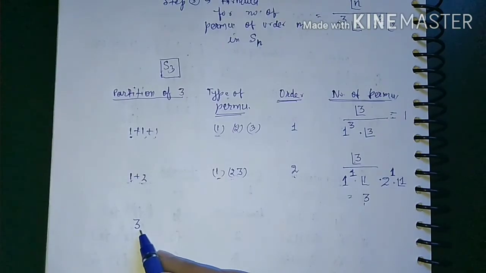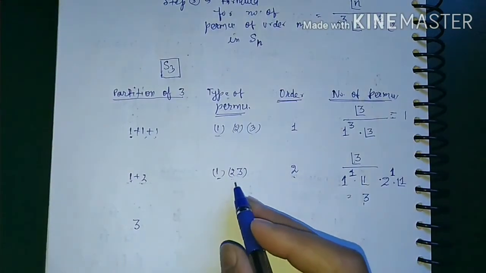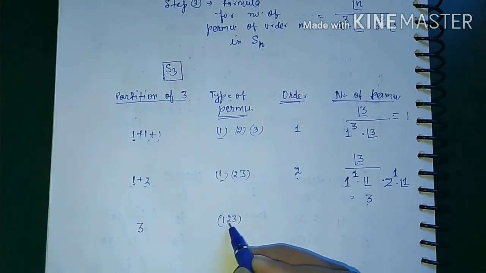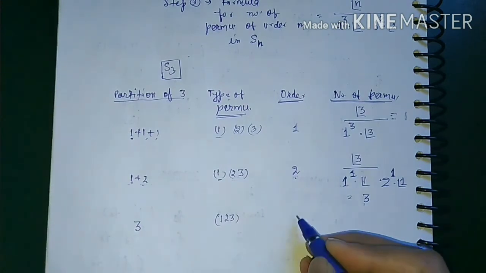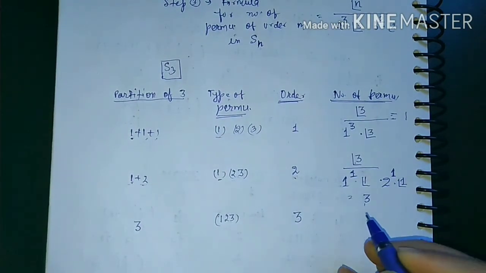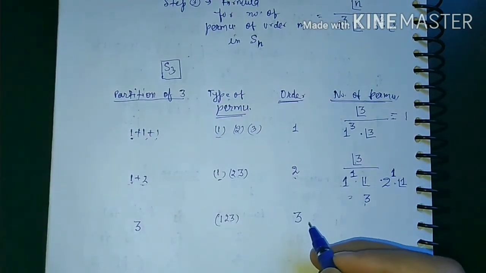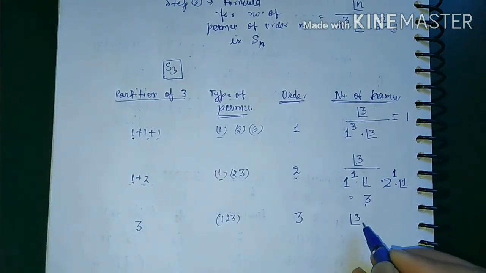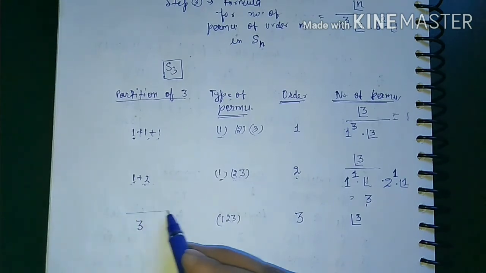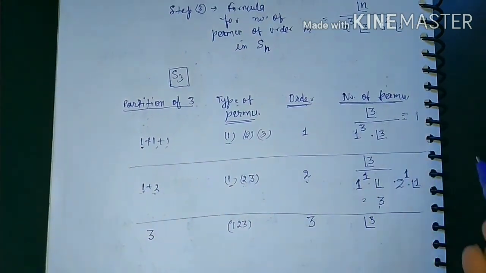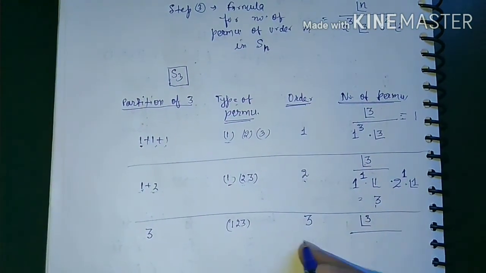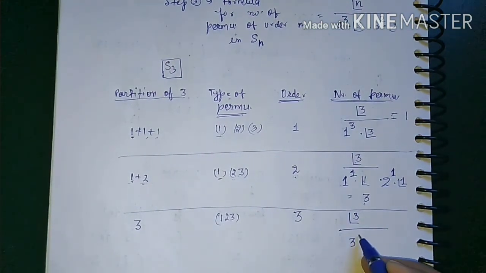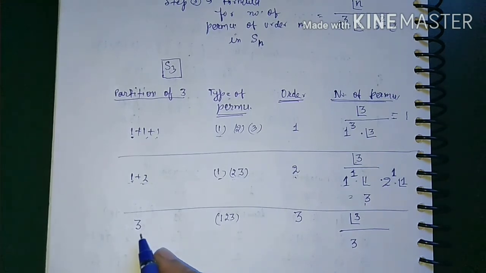Now for this partition, that is 3, the type of permutation is 1 2 3. Here the length is 3 and the order is again 3, and the number of permutations of order 3 is given by the formula 3 factorial upon the element from the partition, which is 3 here, and in the power of 3 we write how many times 3 comes.